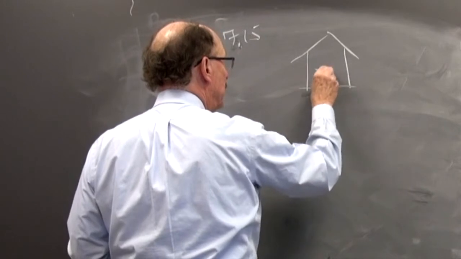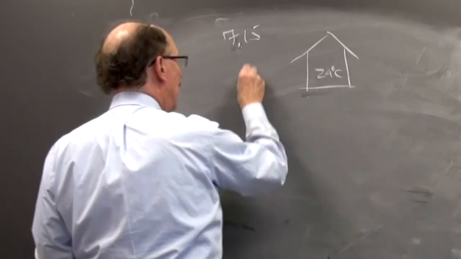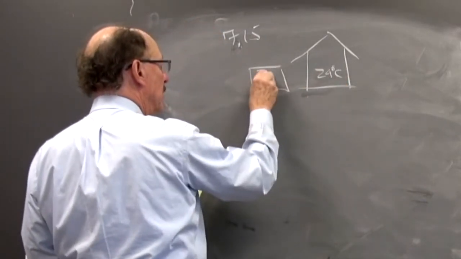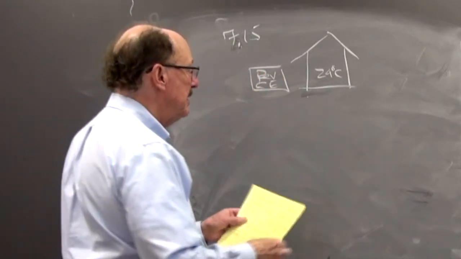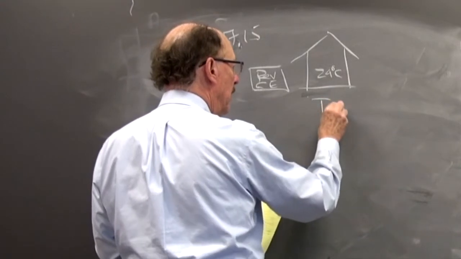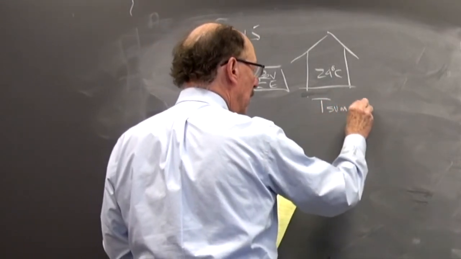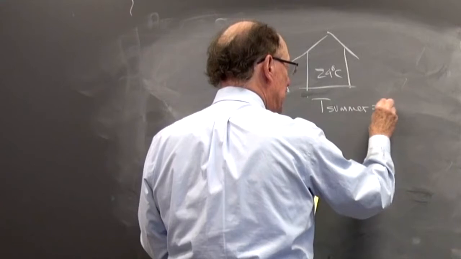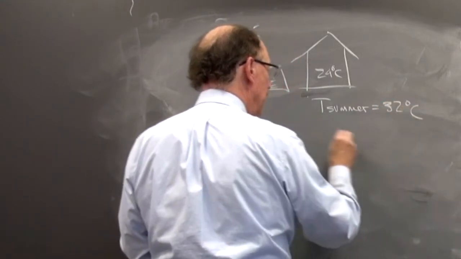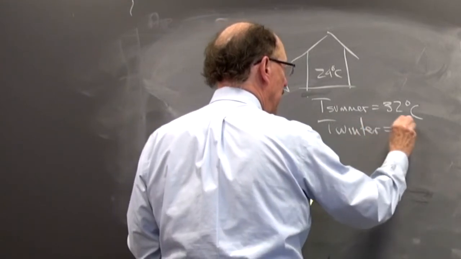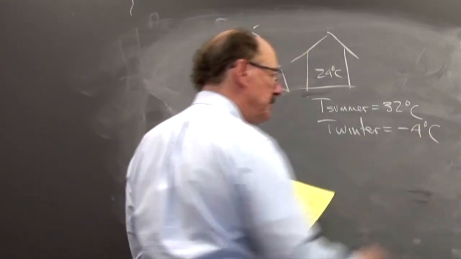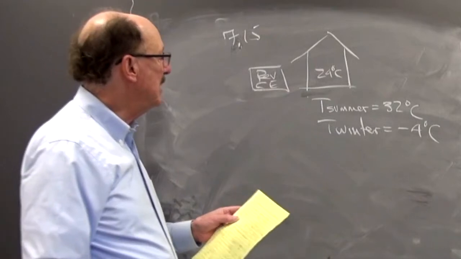I want to keep it at 24 degrees C. I have a reverse Carnot engine. And T summer is 32 degrees C. T winter is minus 4 degrees C. So we have this condition.